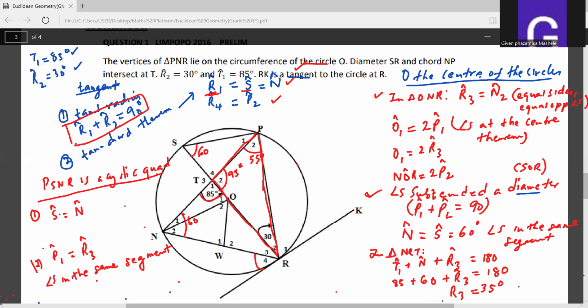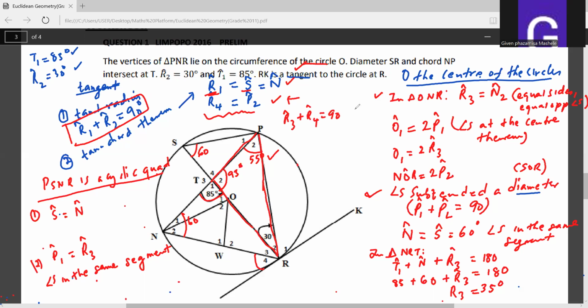And if P2 is 55 degrees, we know that angle R4 is equal to P2. Which means since P2 is 55, R4 is also 55. But according to the tangent perpendicular to radius, we know that if we combine angle R3 with angle R4, this must give us 90.